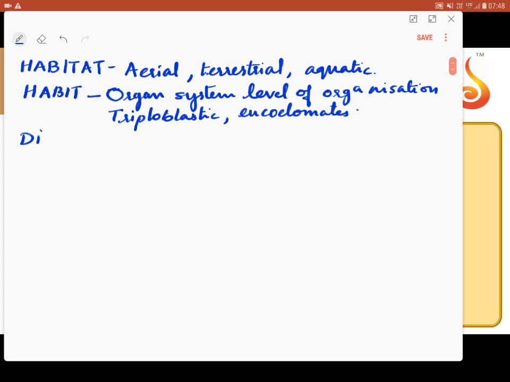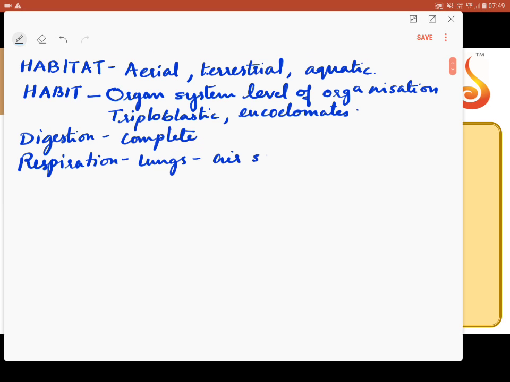Then comes digestion, which is complete, starts from beak, mouth, ends at anus. Respiration, lungs with air bladders or air sacs. Then we have circulation.